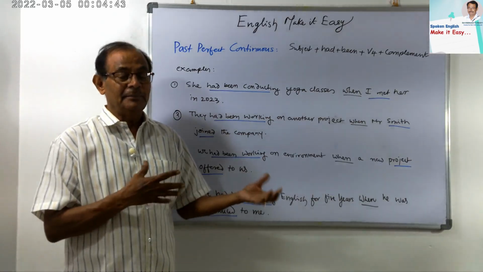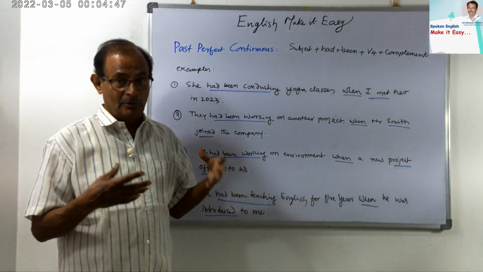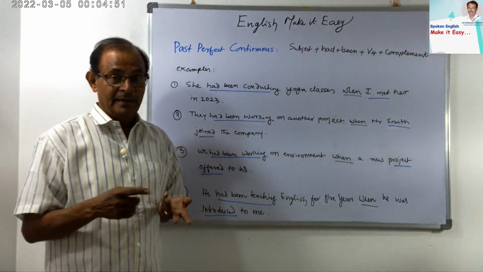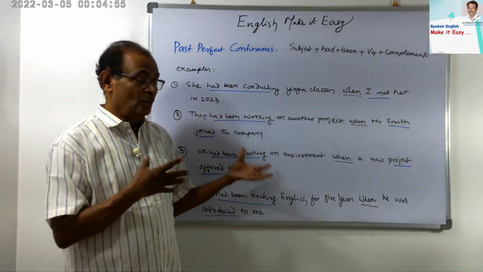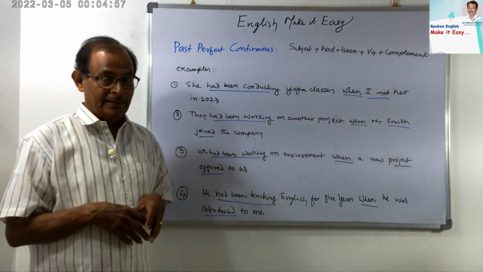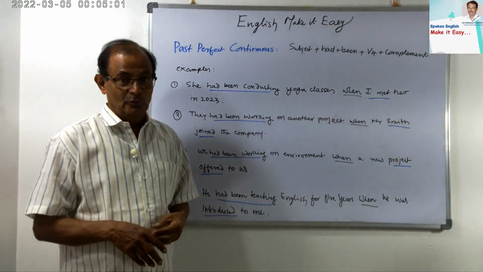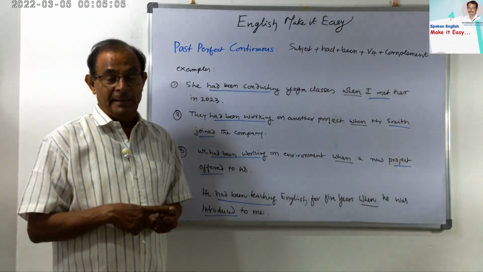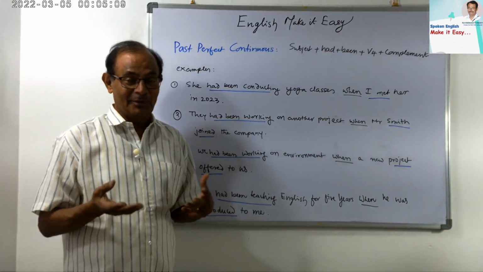Okay, the third type of verbs I have not covered so far. One is regular verbs, irregular verbs, auxiliaries and main verbs. Okay, that we have seen, and one more type of verbs is there. So they are modal verbs: can, could, will, would, may, might, ought. Okay, so these are the modal verbs.